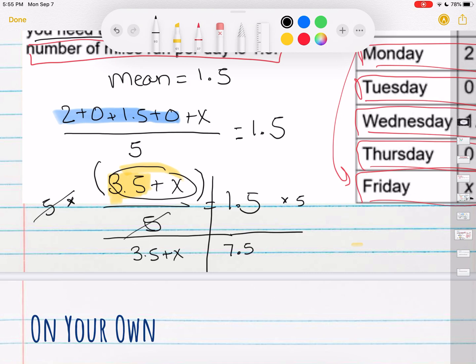Now I want to get rid of a plus 3.5, so I'm going to subtract 3.5 on each side. And on my left side, I'm just left with an x. On my right side, I have 7.5 minus 3.5, which is 4. So my answer is x equals 4.